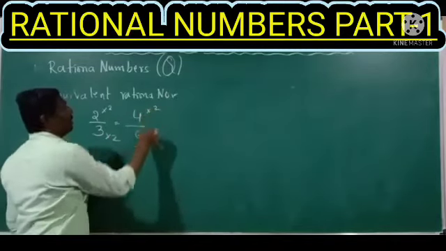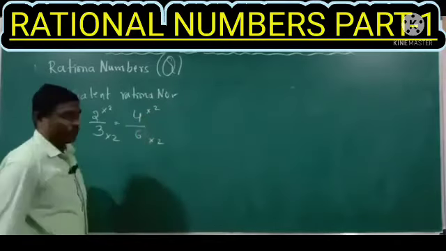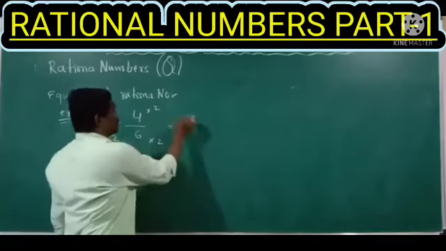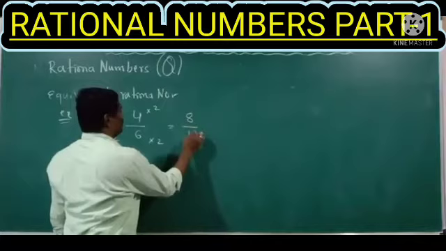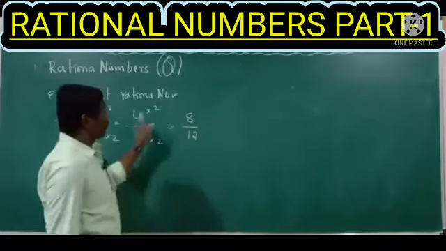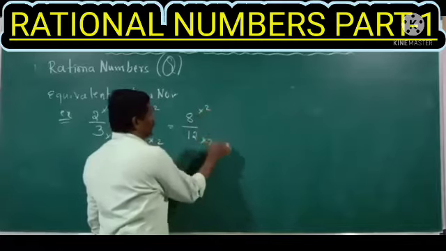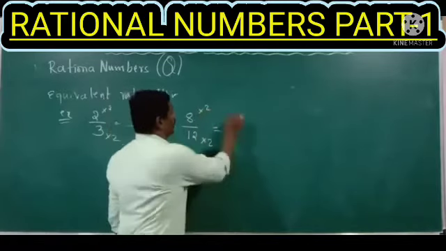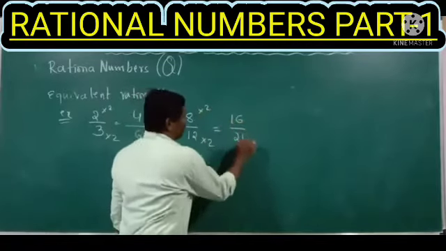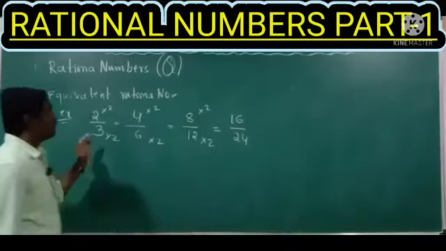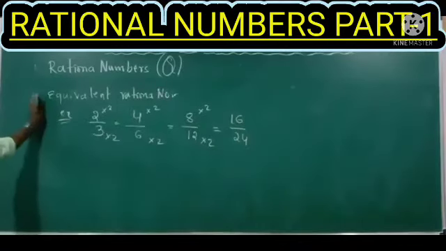Again multiply 2 for both numerator and denominator. Next number is 8 by 12. 4 2s are 8, 6 2s are 12. Again multiply 2 for both numerator and denominator: 16 by 24. So these types of numbers are called equivalent rational numbers.